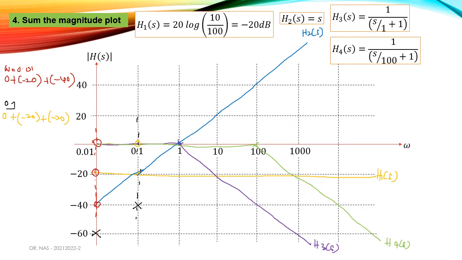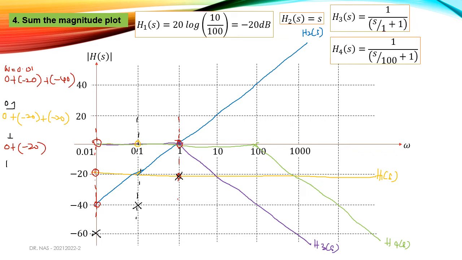And then at 1, you have magnitude of 0 plus the crossing at 1, negative 20, so it is negative 20.